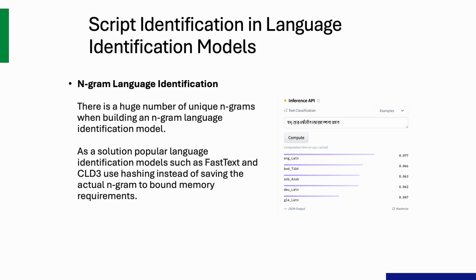And this is because most of the language identification models such as FAST6 and Silati use hashing instead of saving the actual engrams.